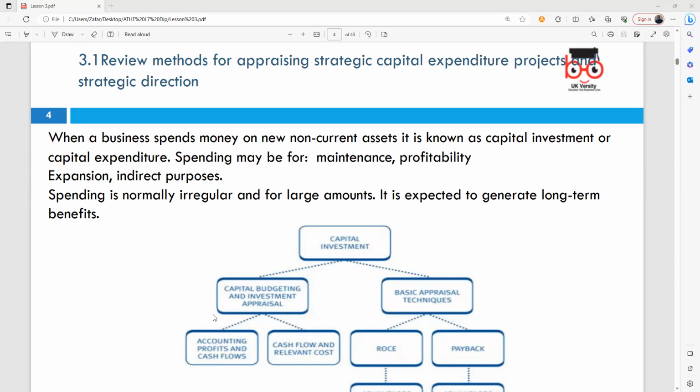Repairing machinery, repairing a building, painting, cleaning, wages for people who work in that building, this is known as revenue expenditure.